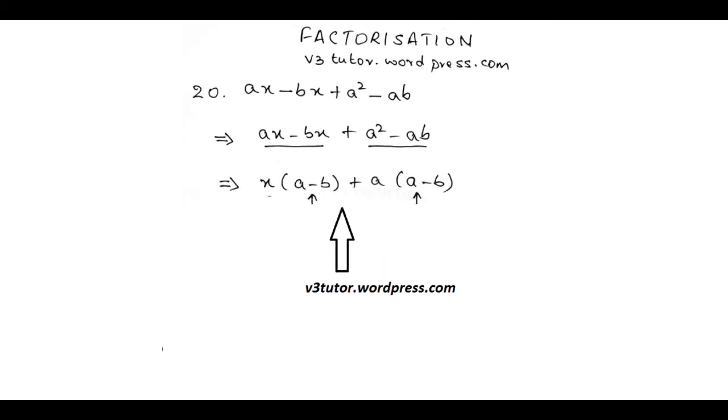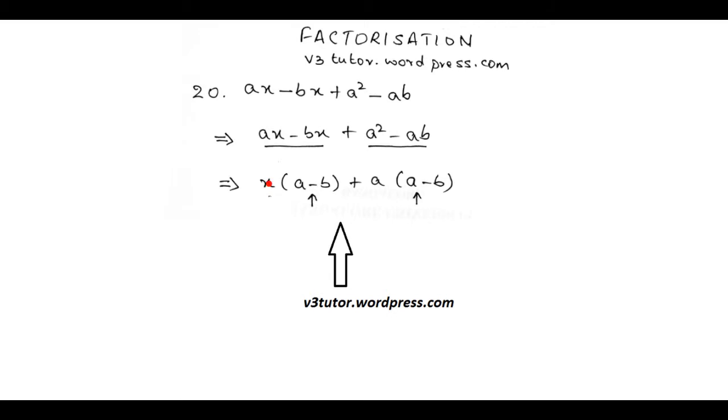Then what we have to do is identify the common factor in these 2 terms and the common factor in these 2 terms. So what do you mean by common factor? Common factor means that variable or expression which is common in this and this term, right? So it's very obvious that in this term x is the common term.